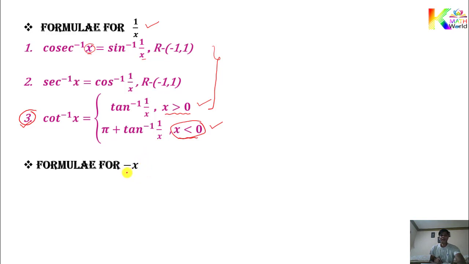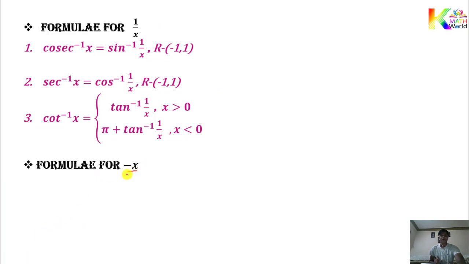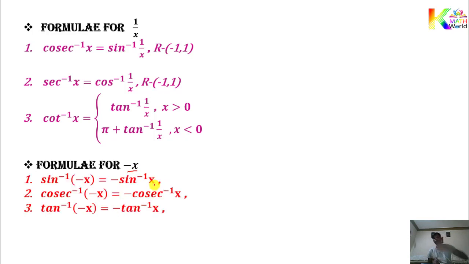This time, formula for minus x, the angle is negative. I have highlighted it with red color. For all these three functions, sine inverse minus x, cosec inverse minus x, tan inverse minus x, if you have seen the first and second lecture, all three functions are first group functions.